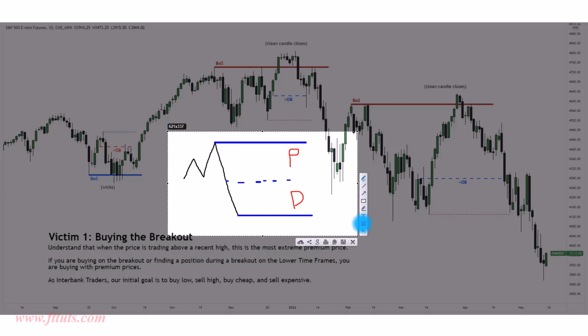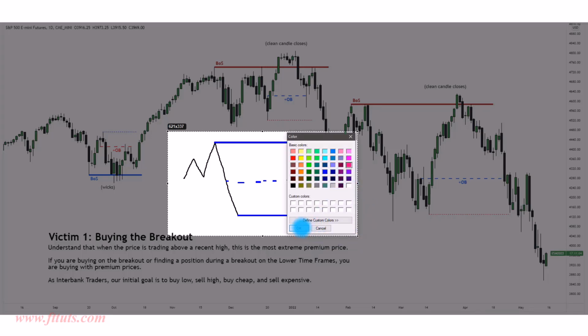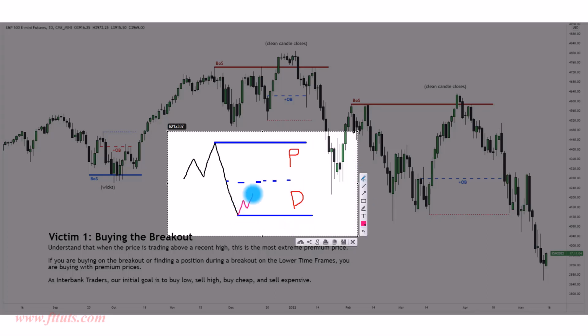But once price starts breaching above into premium, and it doesn't stop, it goes for the high here, that's what we consider very extreme prices, because that's where retail traders start buying, at a premium price because they're chasing it now.